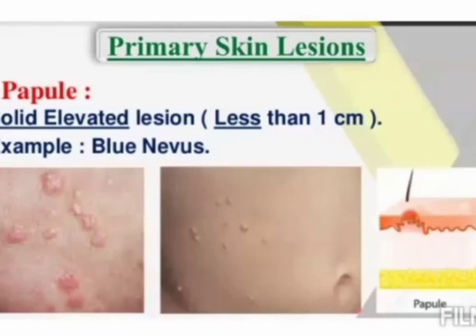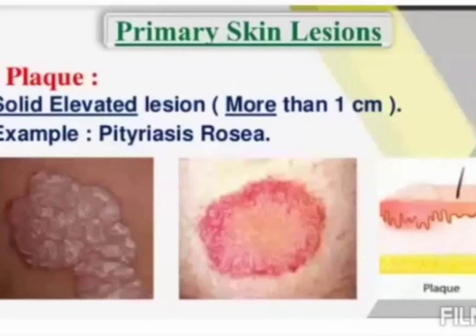Next lesion is the papule. A papule is an elevated solid lesion that is less than 1 centimeter. You should remember, a papule is an elevated lesion less than 1 centimeter. Examples are elevated moles and blue nevus. Then plaque.